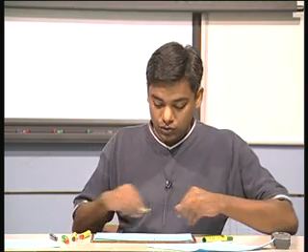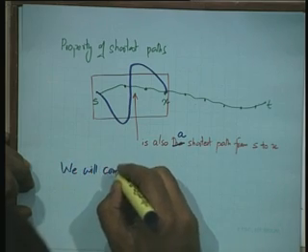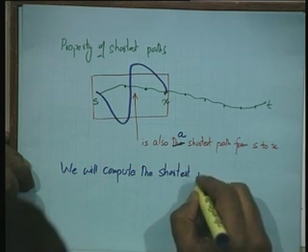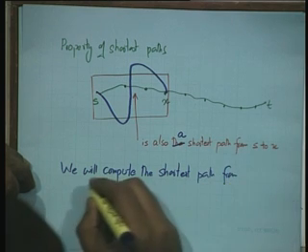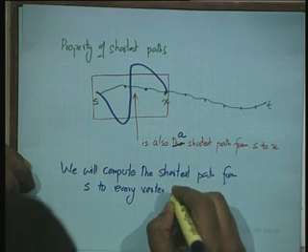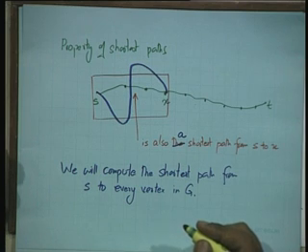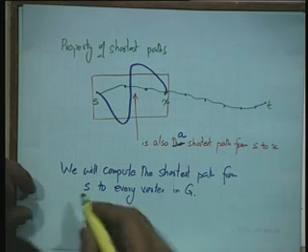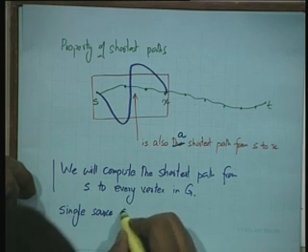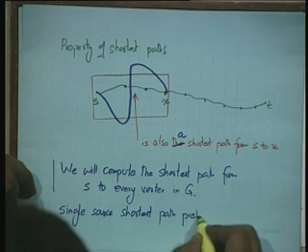Okay. So we will compute the shortest path from S to every vertex in G. So this problem is also called the single source shortest path problem.